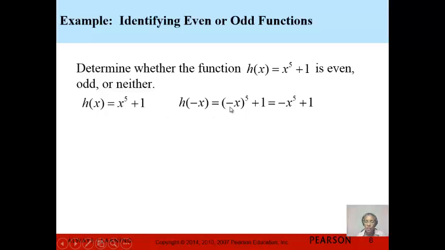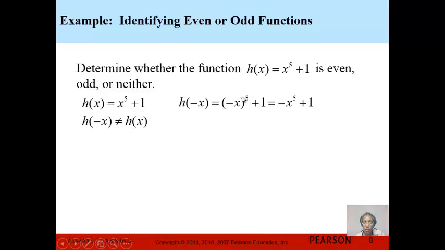So notice that the 5th power of -x, plus 1, is equal to (-x) to the 5th plus 1. The thing to note here is that this is not the same as h of x.